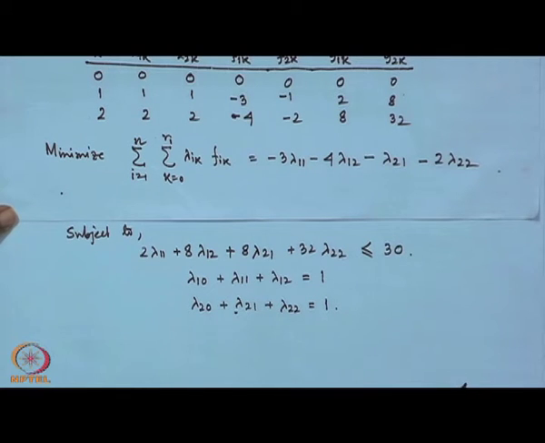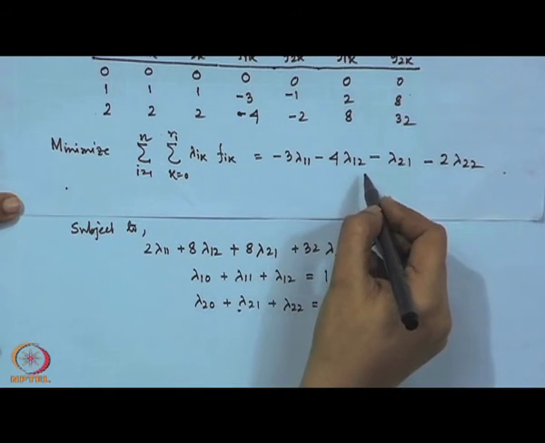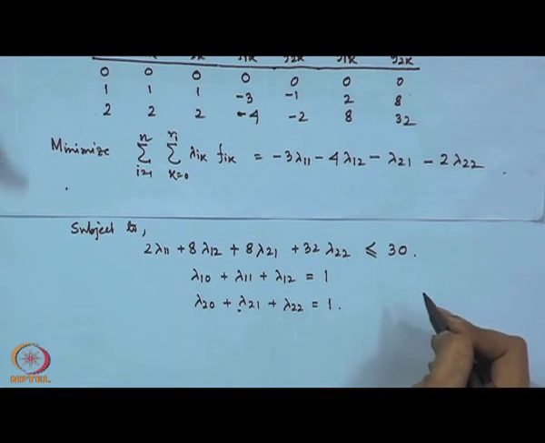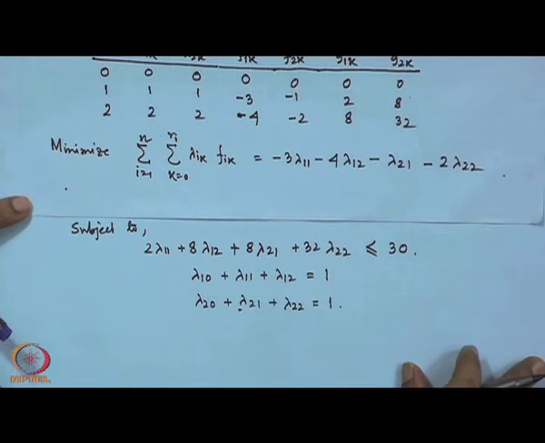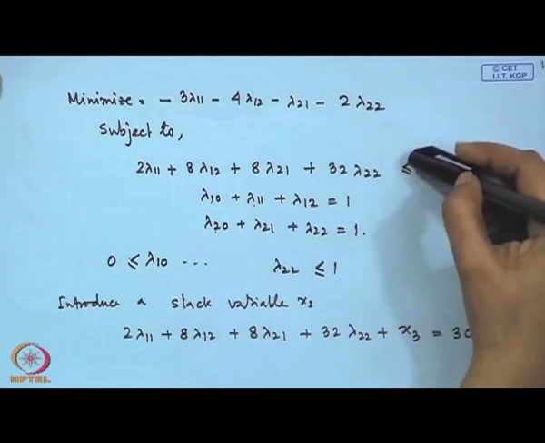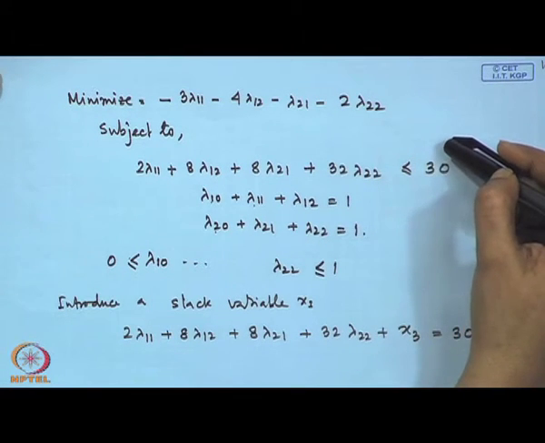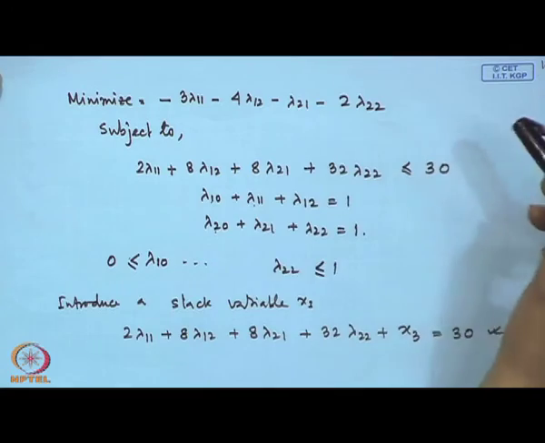Just see, we have the minimization of this linear programming problem, so we can apply the simplex algorithm very nicely here. Let me formulate the table for the simplex algorithm. This is the equivalent linear programming problem for the given separable programming problem.